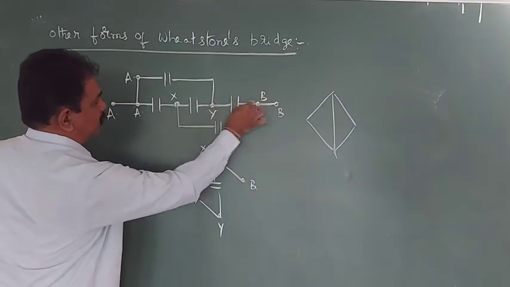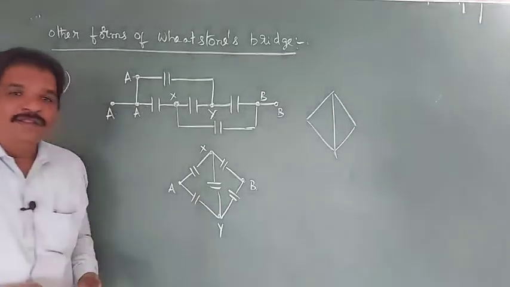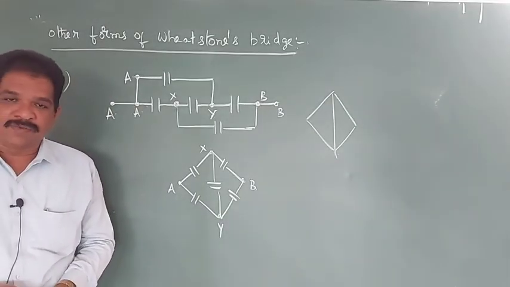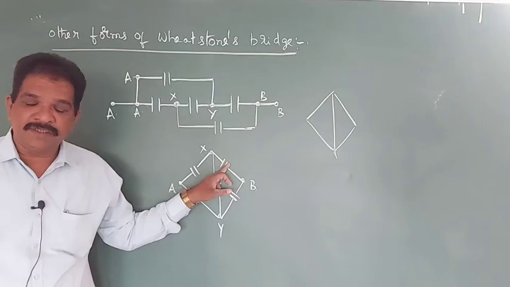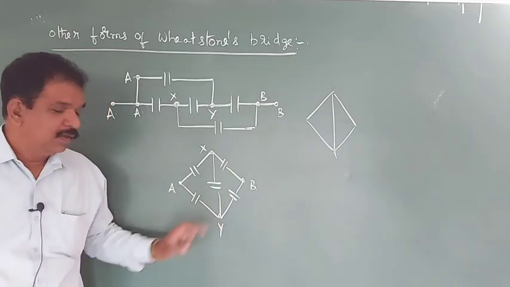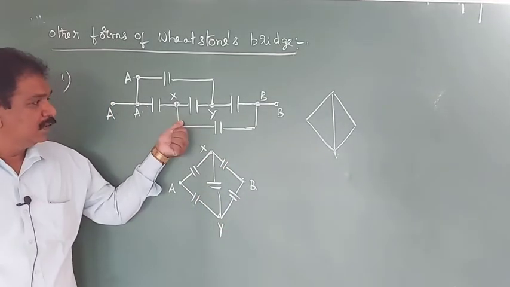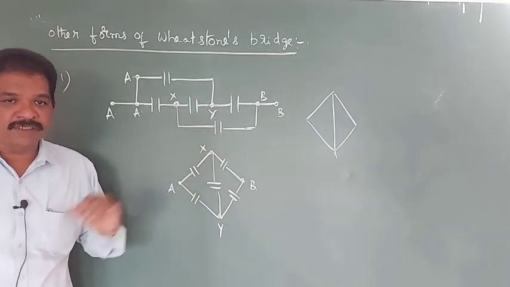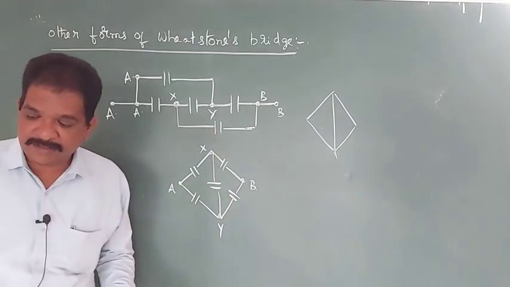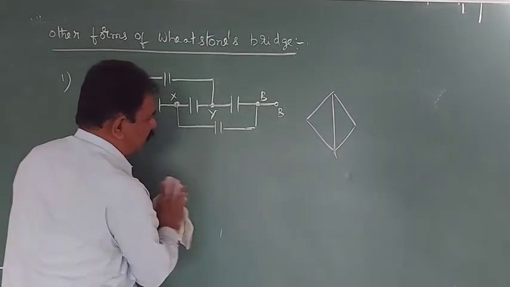X to B, next Y to B, isn't it? This forms the Wheatstone bridge circuit. If this one by this capacity is equal to this by this, then this will be ineffective. So this is one form of the Wheatstone bridge circuit. Clear? Understanding? Next, some other forms also we will discuss.